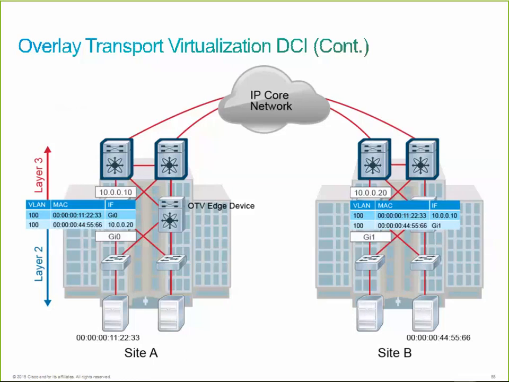OTV encapsulation is performed on the OTV edge devices. Those are going to be positioned at the edge of our layer 2 domain. Okay, so let's say I have an OTV device at the edge of site A. When that OTV device at the edge of site A learns a new MAC address, in the case of this diagram here, it is 0000.0011.2223.